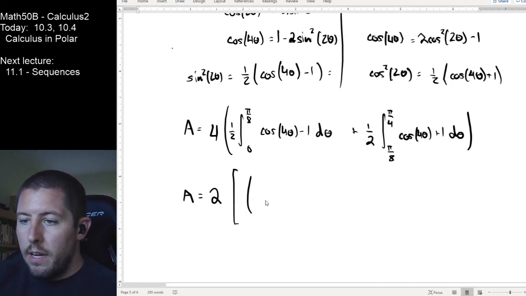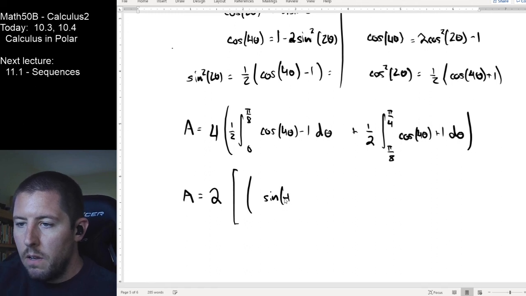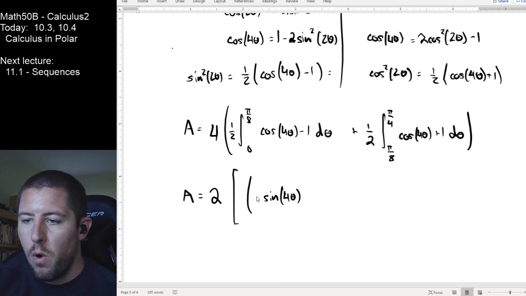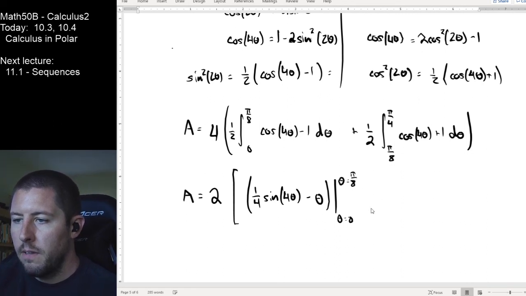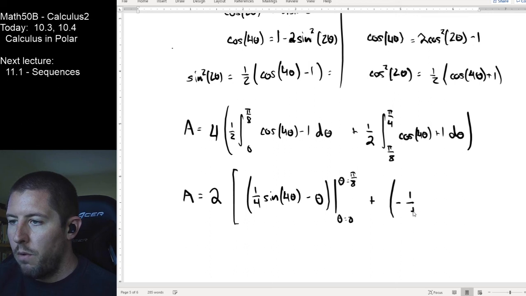The integral of cosine is going to be sine. But if I were to take the derivative of this, it would pop out a 4, so I need a 1/4 to cancel that out. Minus the integral of 1, which is just theta. That's evaluated from theta equals 0 to theta equals pi eighths. Then we are adding to that a very similar statement here. We're going to get a negative 1/4.